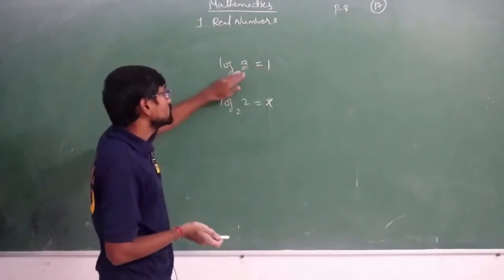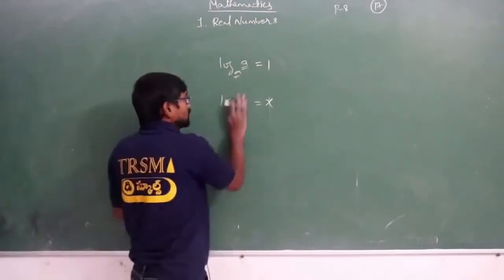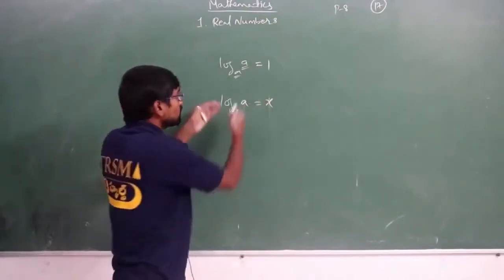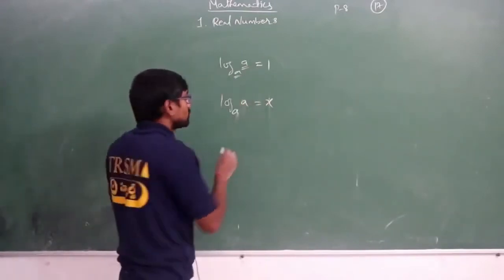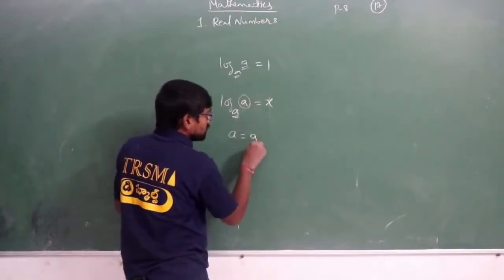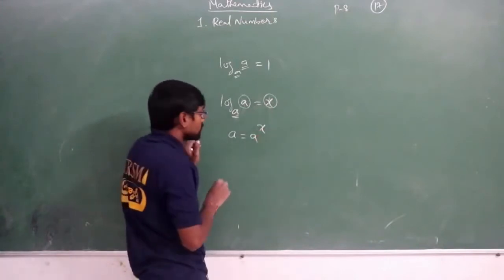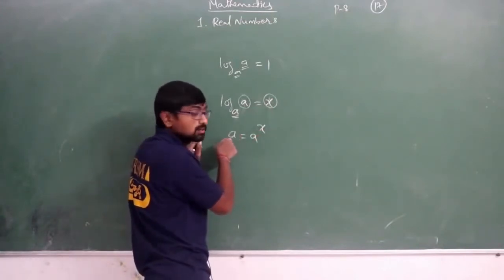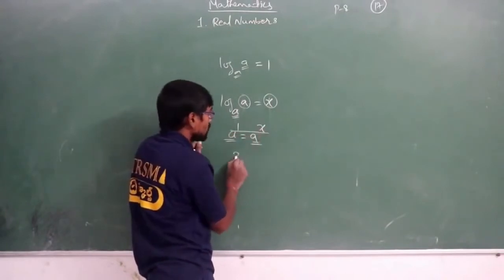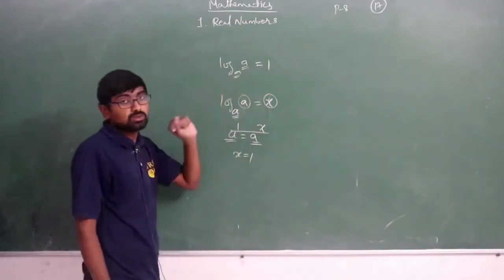Let us assume this value is not 1 but x. When you convert this into exponential form, this base a will come here and this will go to the power. Now what is the power of a here? 1. Bases are equal, so powers are also equal. That means x is 1. Therefore log base a of a is equal to 1.